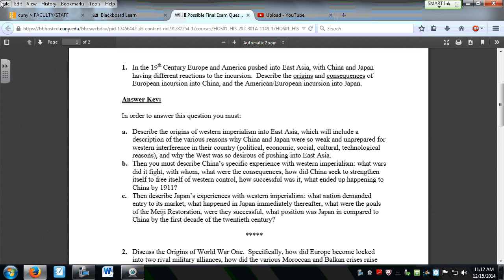And finally, what ended up happening to China by 1911? Roughly 100 years after the first European interference in their country and the Chinese attempt to strengthen, rebuild themselves to regain their independence, what ended up happening to that country by 1911?